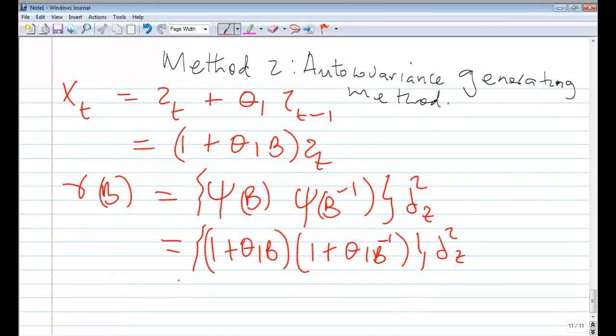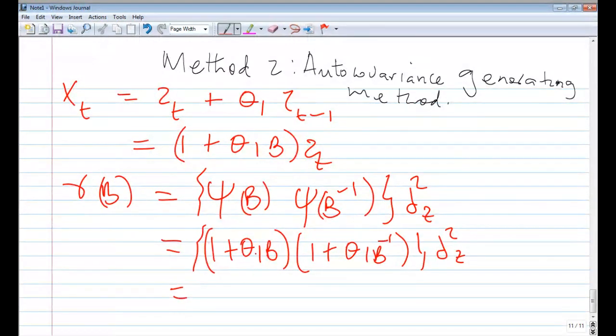Now, step number 3 is to simplify. Open the brackets. In other words, take 1 multiplied by 1, 1 multiplied by theta 1 B inverse. Can you please explain step number 2?